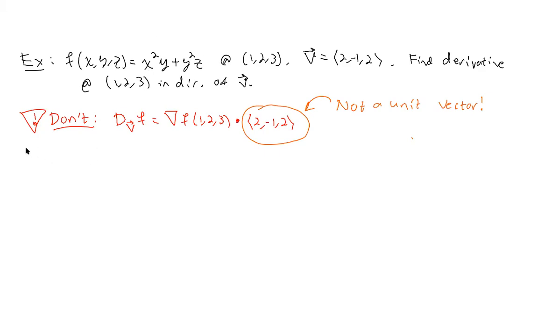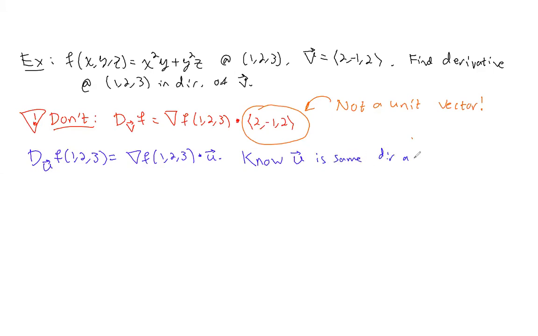Always look at what the equation in question actually is. D_u f at the point (1, 2, 3) is the gradient of f at the point (1, 2, 3) dotted with the vector u. So what is the vector u? Well, we don't know, but all we know is that u is in the same direction as v.